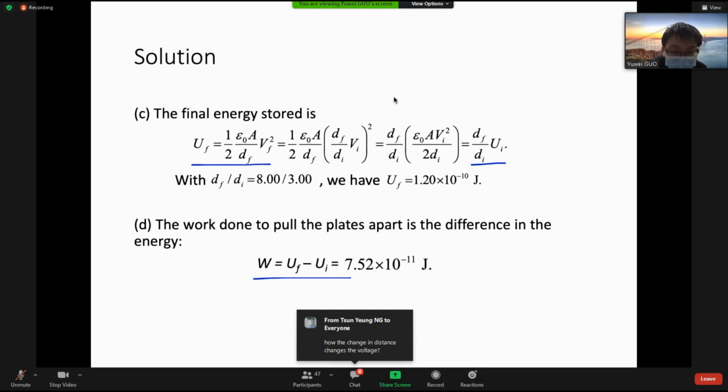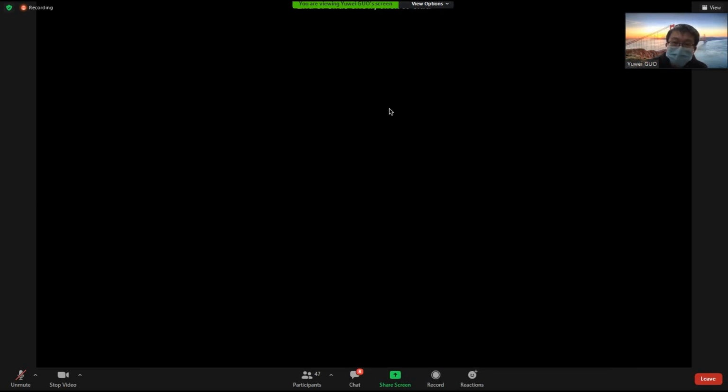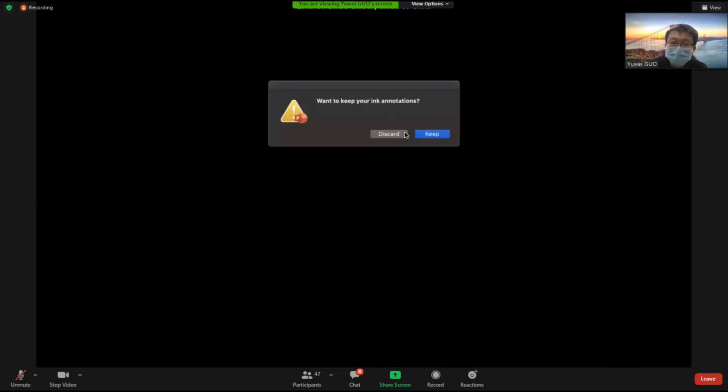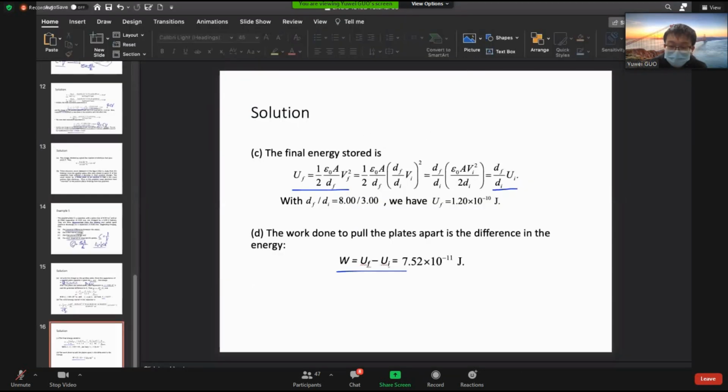How the change in distance changes the voltage. Oh. Here.